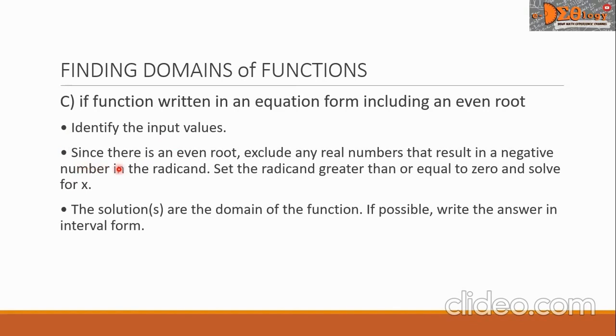Next, since there is an even root, exclude any real numbers that result in a negative number in the radicand. Set the radicand greater than or equal to 0 and solve for x. The solution or solutions are the domain of the function. If possible, write the answer in interval form.